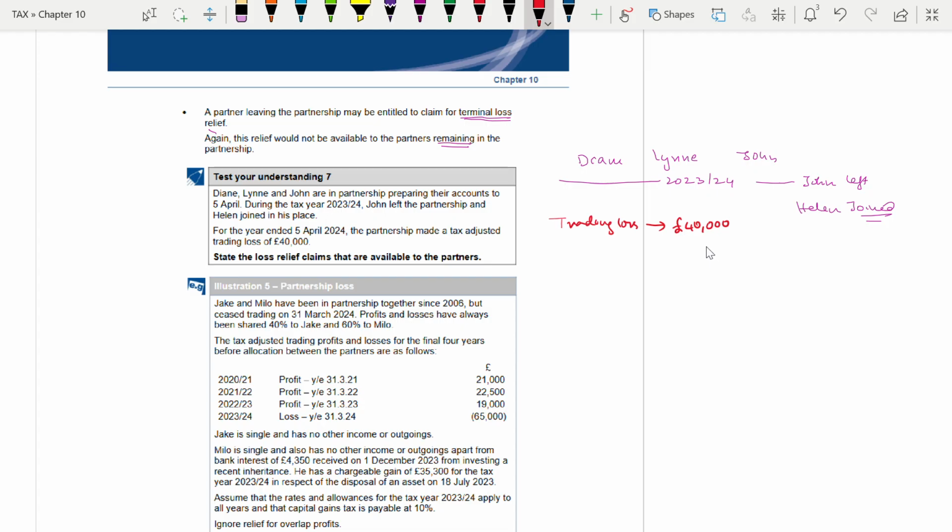State the relief available to the partners. John left.